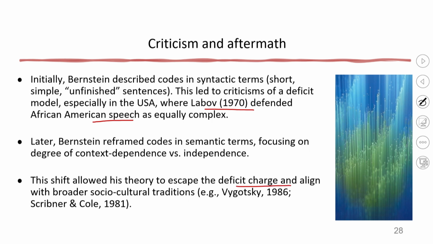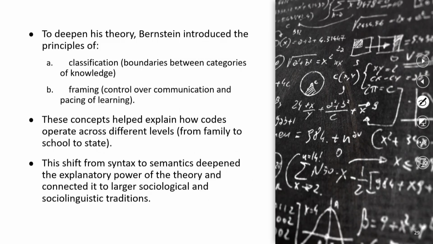That is how we started with linguistic deficit theory. By shifting from syntax to semantics and the way one positions oneself within the given context, that is what decides which code one will use. Thereby, Bernstein was able to escape the charges. So, to deepen his theory, he introduced principles of classification, which talks about boundaries between categories of knowledge, and then framing.